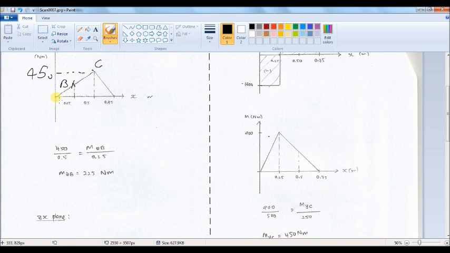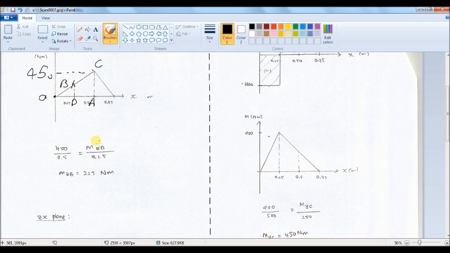That means, for example, if I call here O, and let's say we call here A, the triangle OCA is similar to triangle OBD.